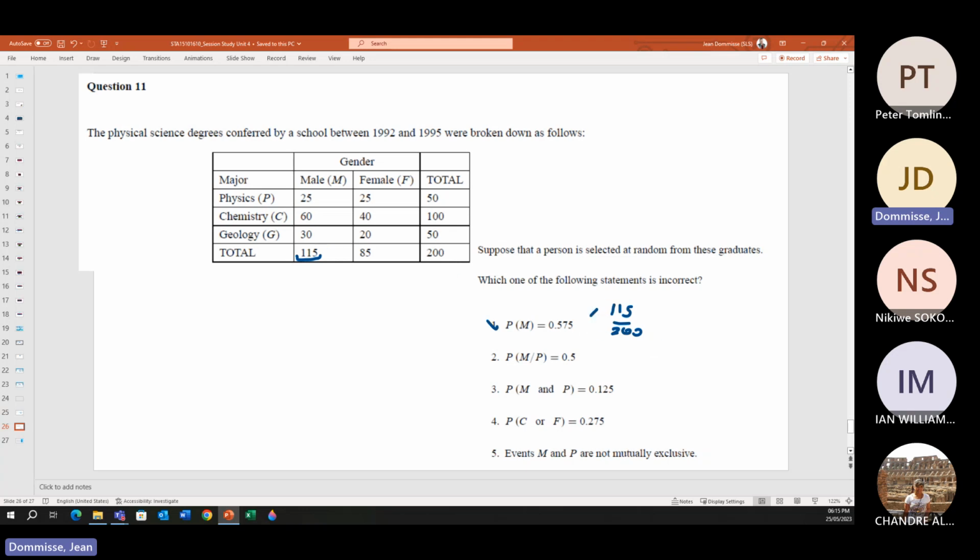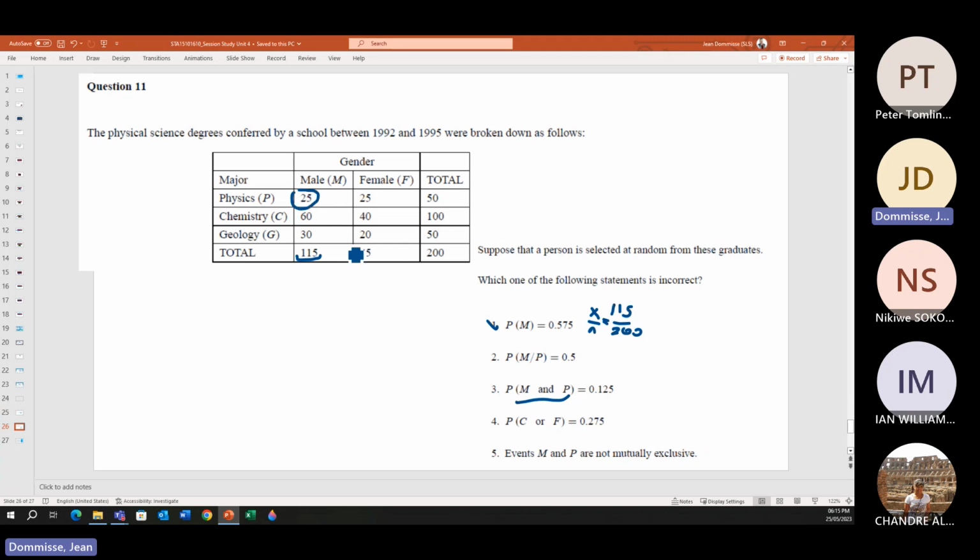And again, how you can look at it is x divided by n. Okay, then they ask us the second one. Let's just see if there's anything easier. Okay, so let's do that one first. What's the probability of being male and have physics?